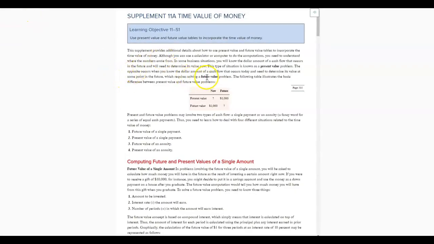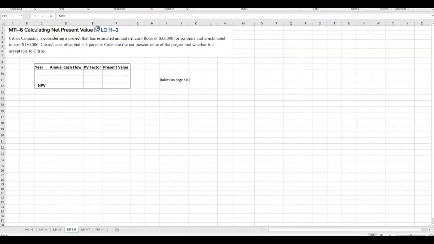Supplement 11A in your textbook talks about the time value of money. Money does have a time value. The time value of money is interest. So keep that in mind, and if you're unfamiliar with time value of money concepts, then you will want to take a look at that supplement and work through some of the problems.